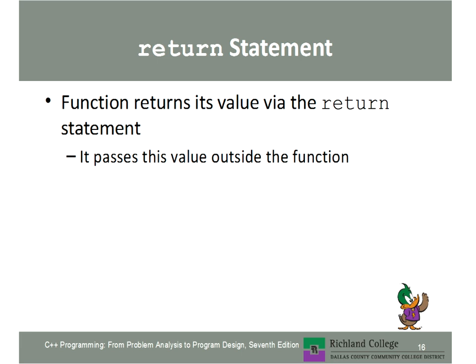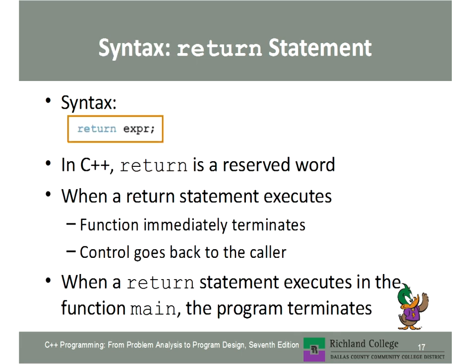And then we have the return statement, and that is the value that we pass outside the function. When we're talking about a return statement, the return value, as long as it's a proper data type, can be any expression. So when the return statement executes, that means you are returning back to the calling function.